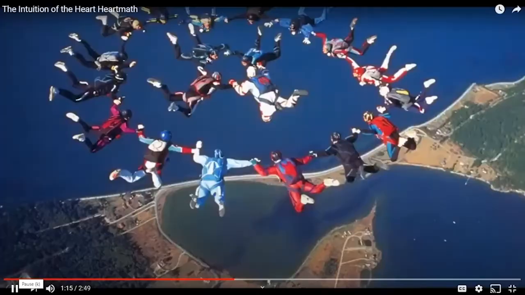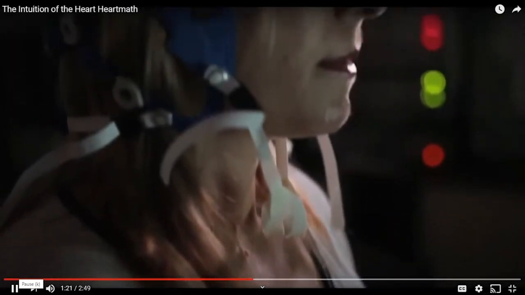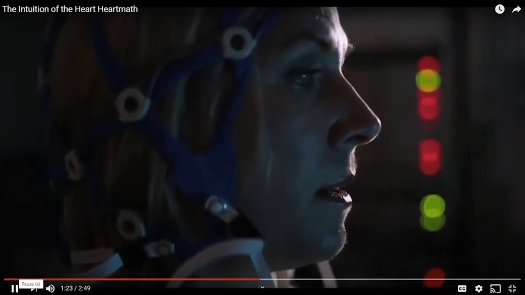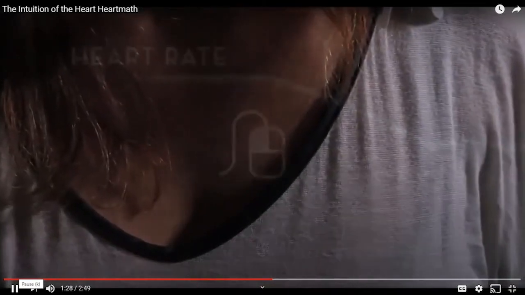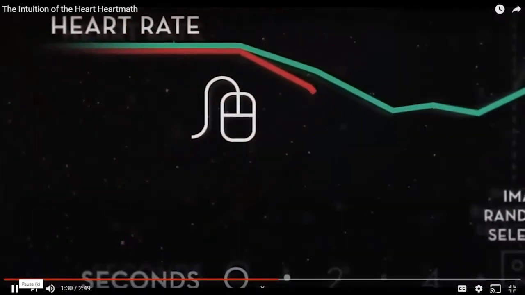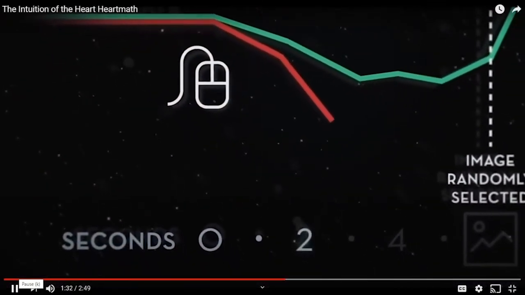When we analyzed all the data, the results were astounding. The heart seemed to know the images before the participants ever saw the images with their eyes. The future picture was going to be one of the emotionally arousing ones. The heart rate started to drop about 5 seconds before the image was randomly selected to be shown on the screen.